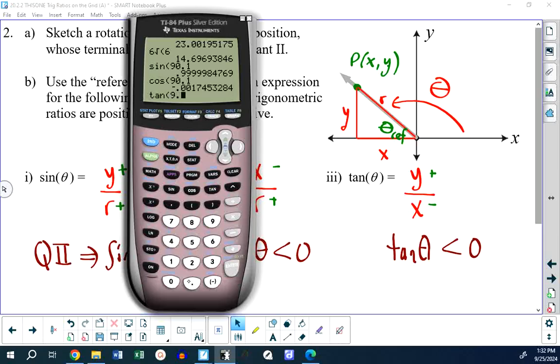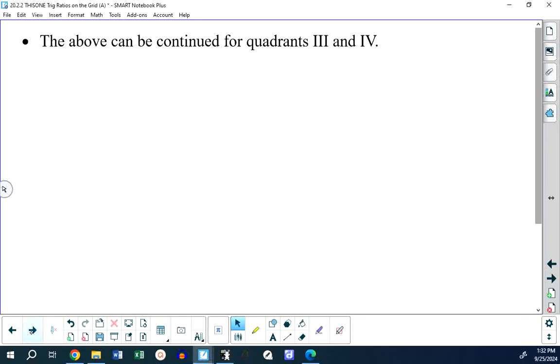Tangent of 90.1 is negative. Don't worry about the size of the numbers. That requires a different lesson. This can be continued for the other quadrants.